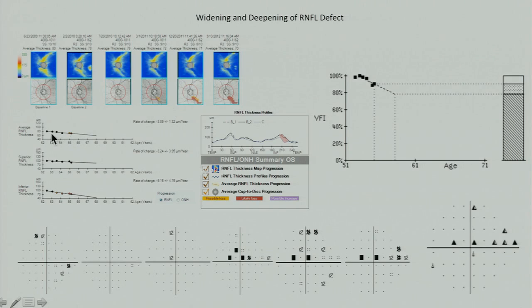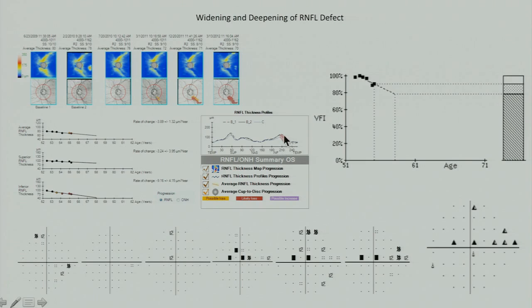If you look at the mean RNFL thickness, the yellow dot is the first progression event that is statistically significant, and then you have additional events after that that are red. And if you look at the inferior nerve fiber layer, that first progression shows up at visit 3. You can also see this on the RNFL thickness profiles, and the area of progression has been highlighted here in a light red.